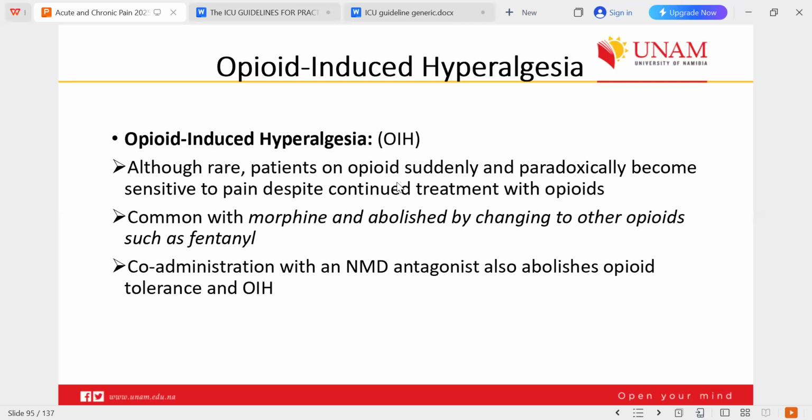So if your patient has been on morphine for more than 2 weeks, and your pain score, especially for those in ICU, using your CPOT or your PPS, shows that there's pain, this patient may have developed what we know as opioid-induced hyperalgesia. But co-administration of ketamine, for instance, the NMDA antagonist, can help to abolish opioid tolerance and opioid-induced hyperalgesia.